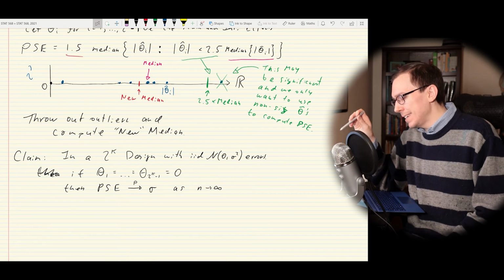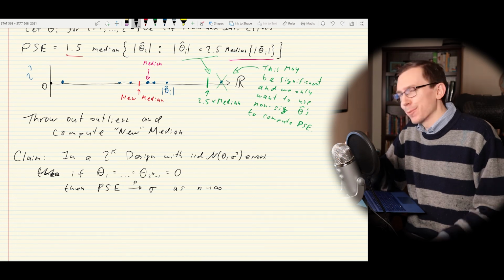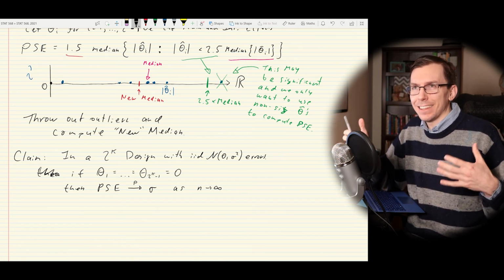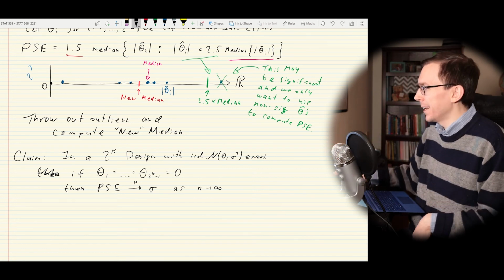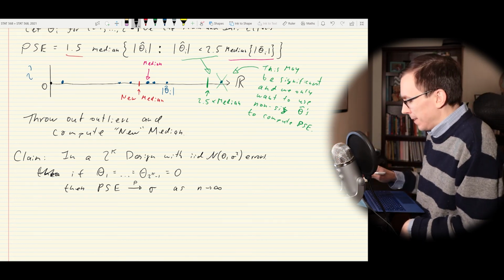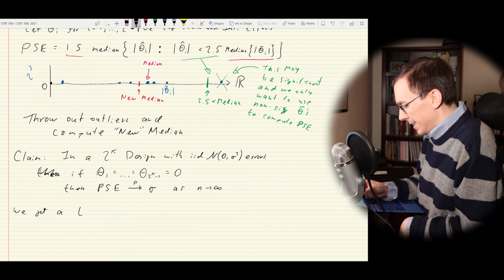So again, the idea is that Lenth's method is assuming that we want to take the theta hats where the true theta is equal to 0. There's nothing interesting going on there. And then given that we believe this claim, we get what I'll call a T-like statistic.